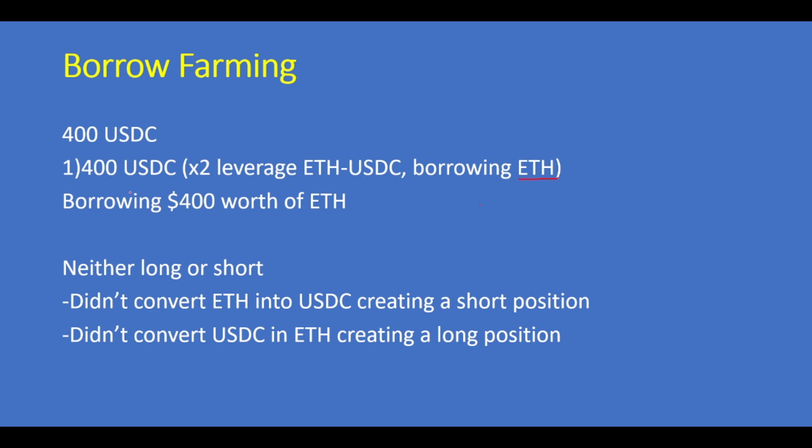Effectively, you've deposited 400 USDC and borrowed $400 worth of ETH. So your farming position is going to look like this: 400 USDC and $400 worth of ETH, because it's a 50-50 farming position, remember.